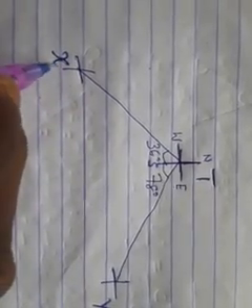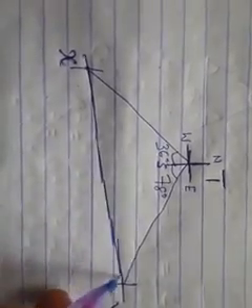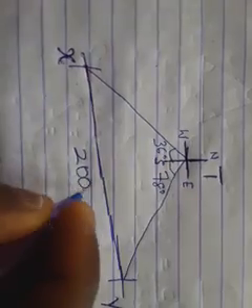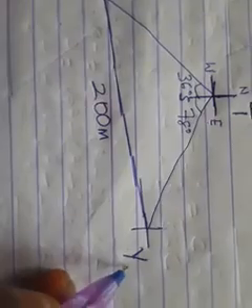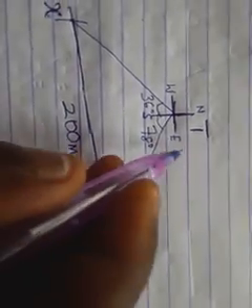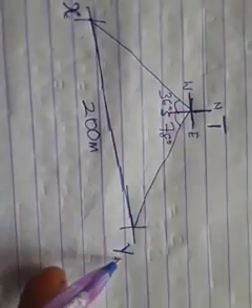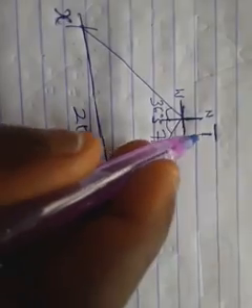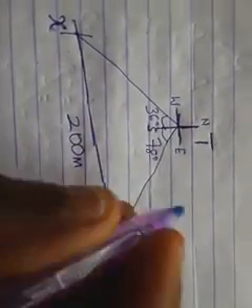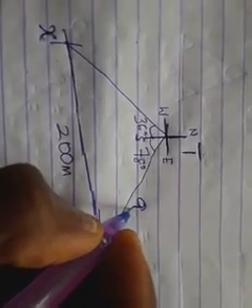If this X is 200 meters due east, remember this right hand side is east. It's 200 meters due east of Y, this Y. Calculate the distance of the tree, which is this T, from Y. That means we are asked to calculate this particular distance.